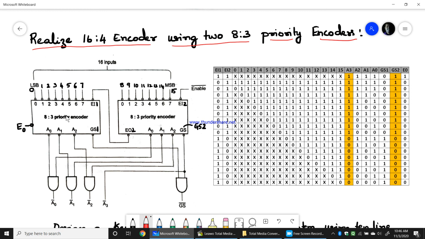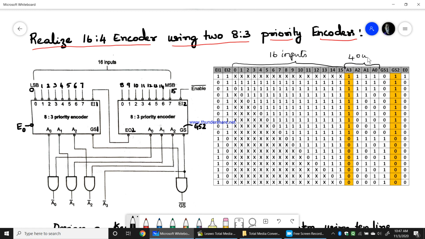Now what we need to do is construct the truth table first, and then we'll go for drawing the diagram. So 0 to 15 makes 16 inputs, which makes these 4 outputs to be selected.